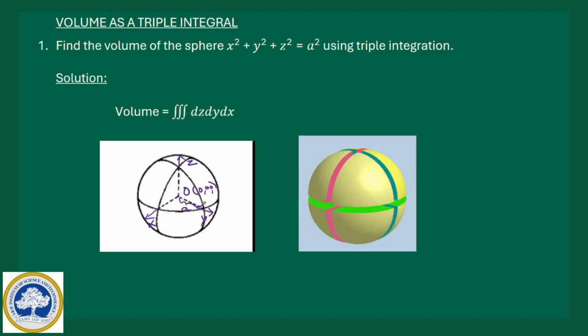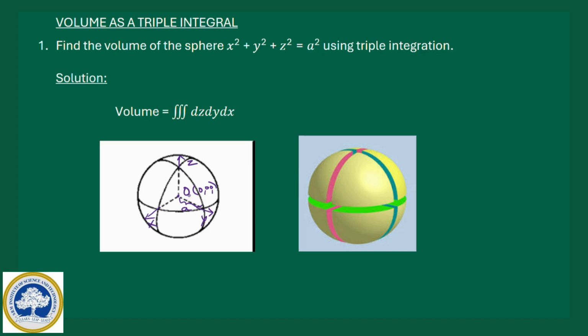So we can cut the sphere into 8 equal parts. One part alone lies in the first octant, where all three axes are positive. If we consider the volume of that region in the first octant, we can finally multiply by 8. That will give you the volume of the whole sphere.